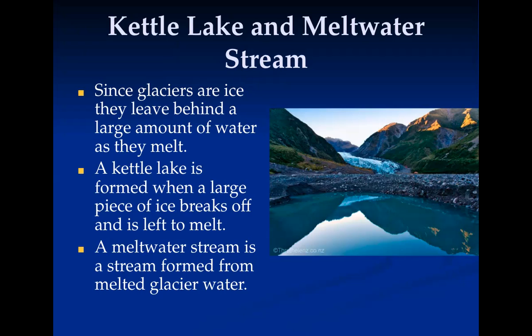So you get essentially a lake. There's also what is known as a meltwater stream, and this is a stream that is formed from melted glacier water. So a lake, one place, right? And a stream moves. Yes, everybody follow me. So a lake here and a stream moves.